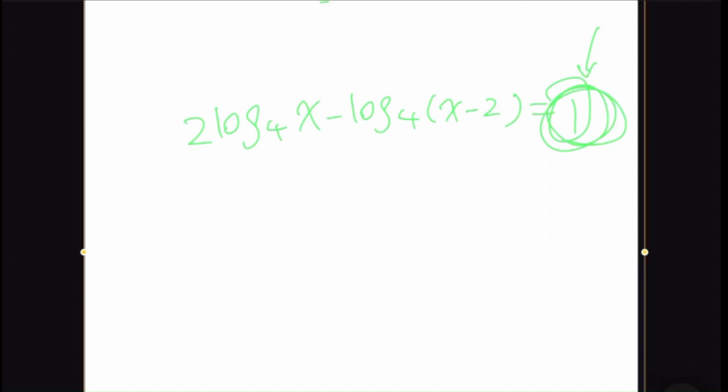All right, how are we feeling? Looks like logs got everybody confused and scared. How do you get rid of the log 4? What's log something of 4?